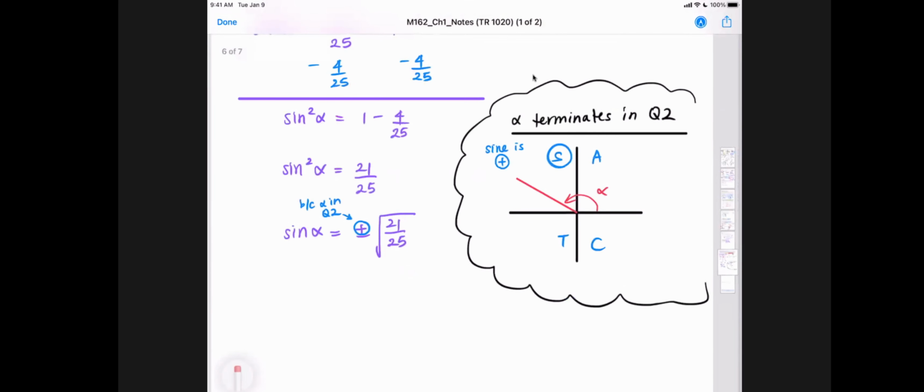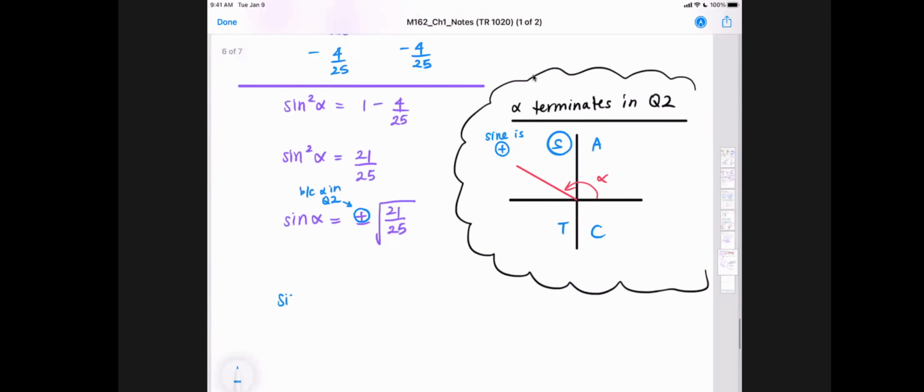All right, so one last step is to write out sine. Sine of alpha is going to be positive square root of 21 over 5. I took the positive sign and I simplified this square root, breaking up the square root, one for the numerator and one for the denominator.